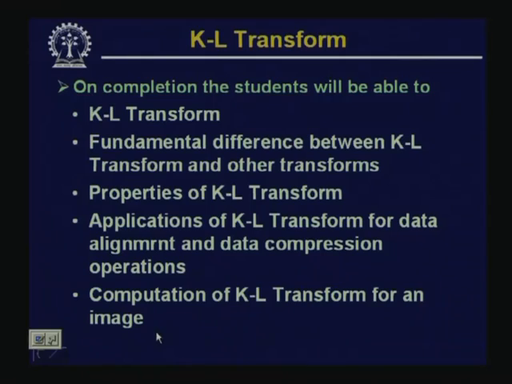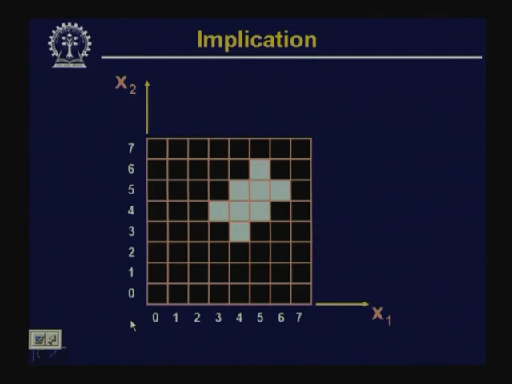To see the implication of these observations, let us come to the following figure. In this figure, we have a binary image, a two-dimensional binary image. Here we assume that all the pixel locations which are white, there an object element is present, and wherever the pixel value is 0, there is no object element present.